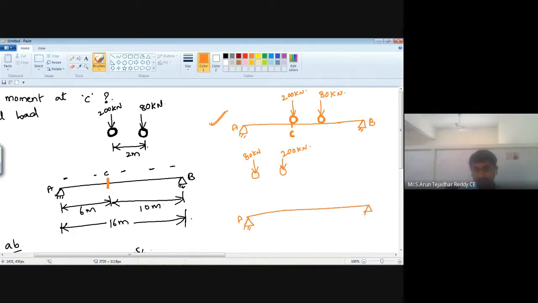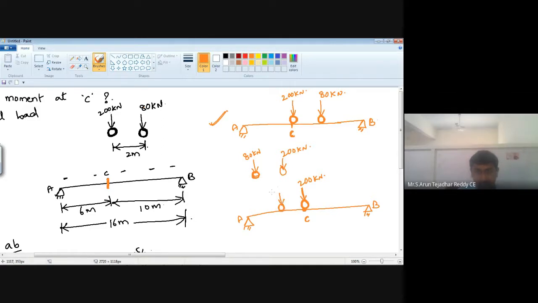A, B, so somewhere here we have a point C. So our condition is, we got at this point the maximum moment, that is 15 by 4. So at this point we'll get the maximum wheel load, that is 200 kilonewton. Now 80 kilonewton is on the left side, so we can draw 80 kilonewton here.